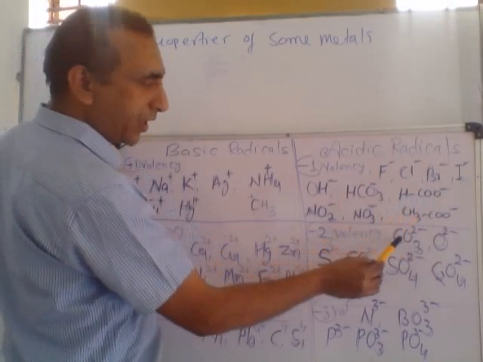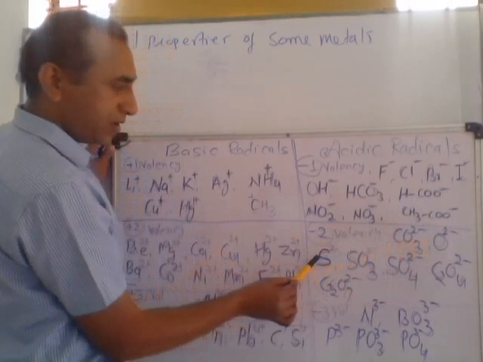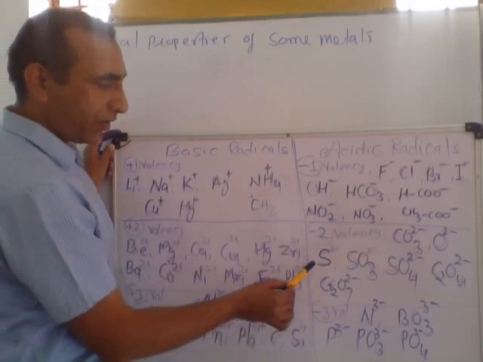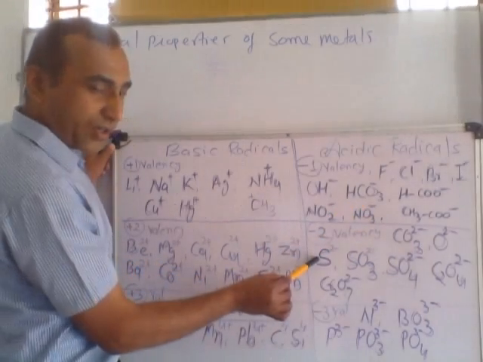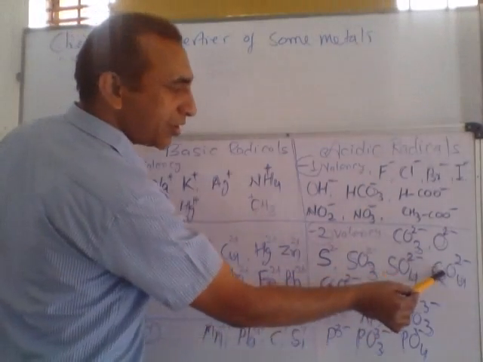Minus 2 valence radicals: carbonate, oxide. There are 3 different radicals of sulfur having the same valency: sulfide, sulfite, sulfate. This SO4 is called sulfate.